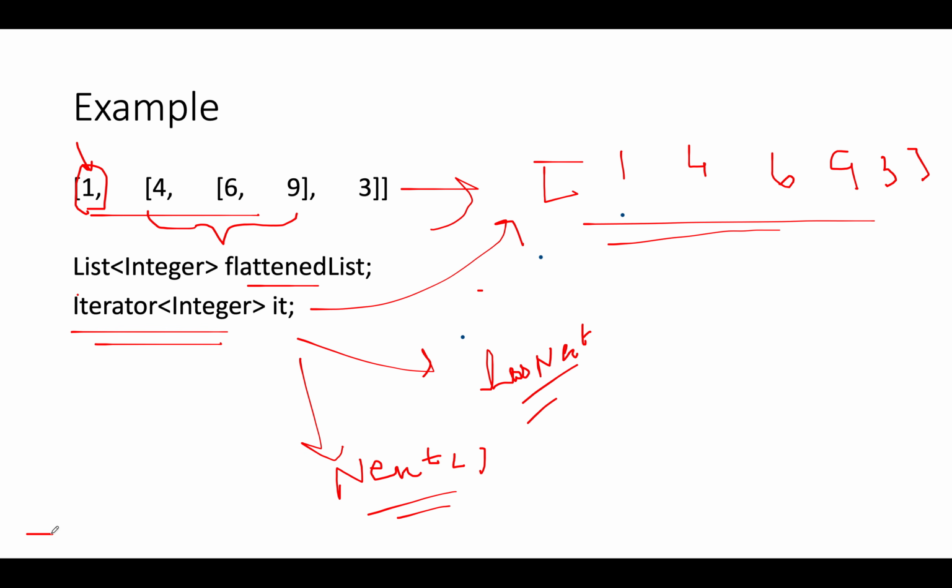So let's iterate over the input list that is given to us, that is of type nested integer, and it supports three methods: is integer, get list, get integer. So we already discussed these three methods in the previous slides. The first thing that we are going to do is to check the data structure of the current element by invoking the is integer method.